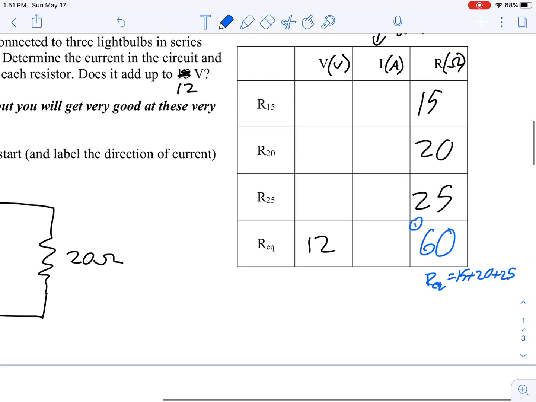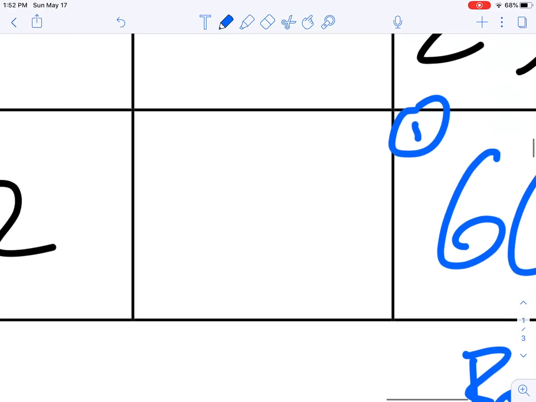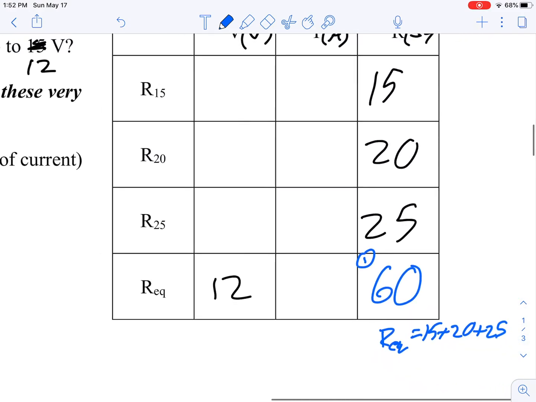All right, now remember what I just said. If you're only missing 1 value, or if you only have 1 unknown in a given row or column, you can find the other one. So look now, it looks like right here we can solve for the current there.